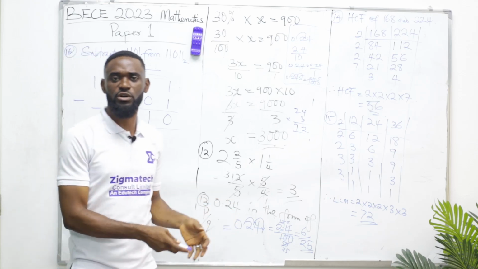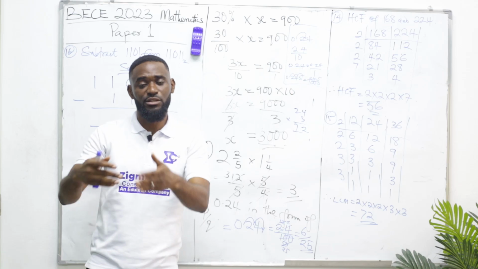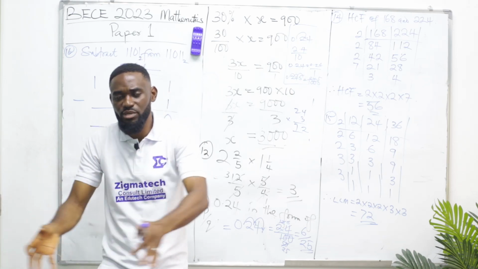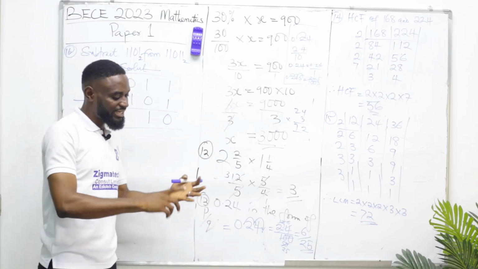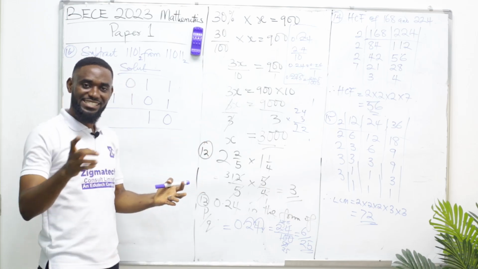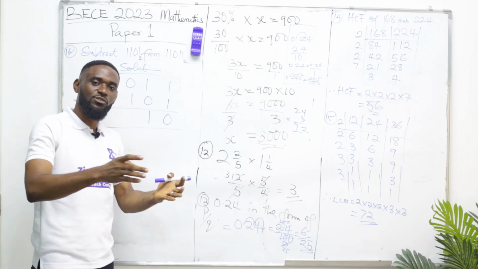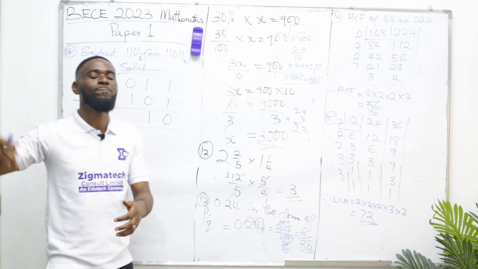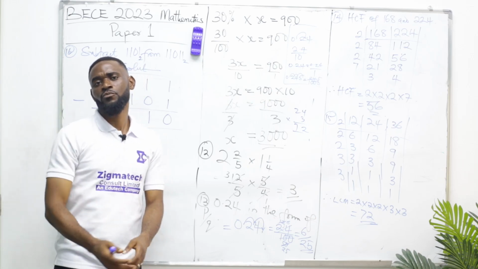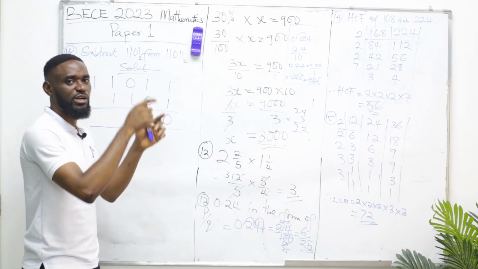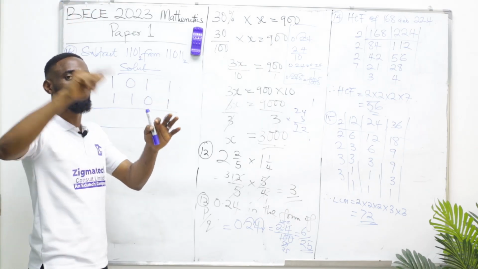There is a video in this particular platform for number bases. I taught you how to count in base 2. When we are counting in base 2, beginning from 0, the next thing is 1, the next thing is 10. These numbers correspond to our numbers in base 10. So if I say 1, it corresponds to 1 in base 10. If I say 10, it corresponds to 2.